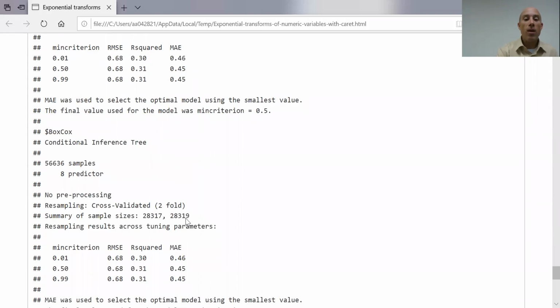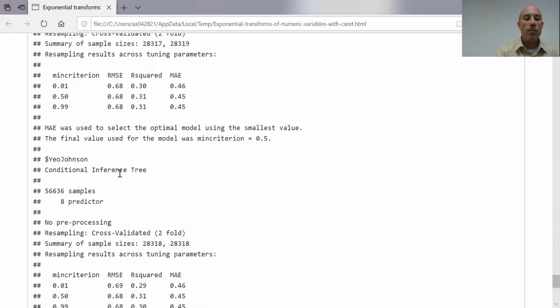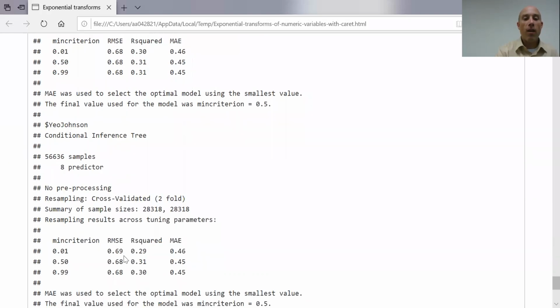When I scroll down here, I see that I get exactly the same statistics for root mean squared error, R squared, and mean absolute error when I consider either no transform up here or the Box-Cox transform down here. As I scroll down, there is a slight difference on Johnson that could be due to round-off error, that could be due to some random number generator that I don't know about.